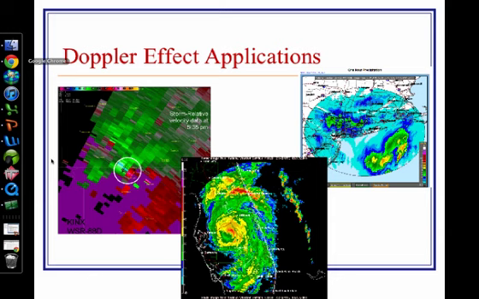And then it returns to the source. This is how they're able to tell, based on how long it took that electromagnetic wave to come back to the radar station, where this rain is.